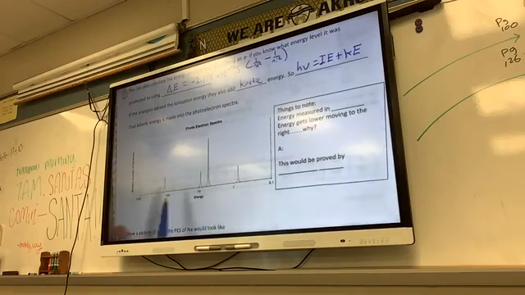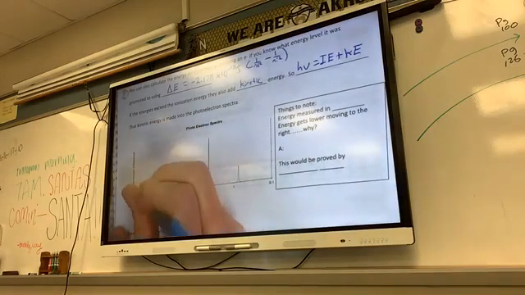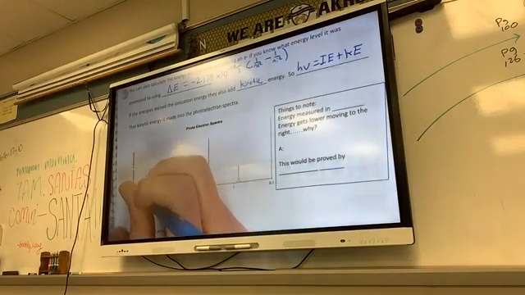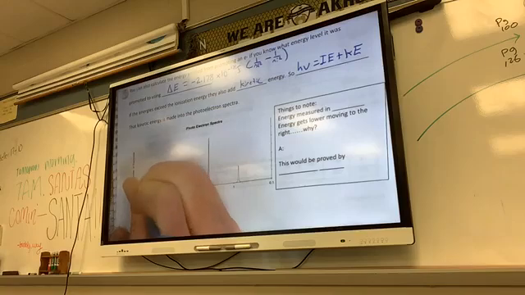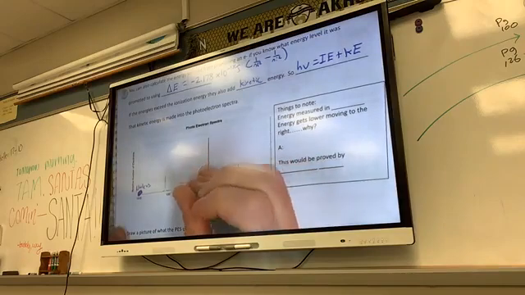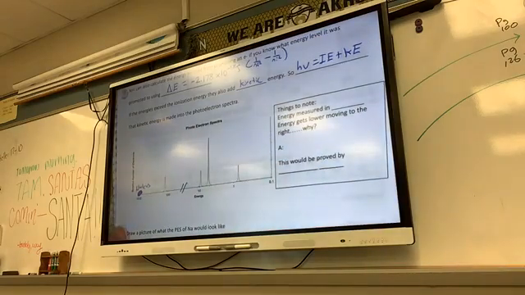So this is what photoelectron spectroscopy looks like. What you have to know here on this graph is the nucleus. So you can see the farther I get away from the nucleus, what happens to the energy required to remove an electron? It decreases by a lot. In fact, I could do a dash there, and a dash here.